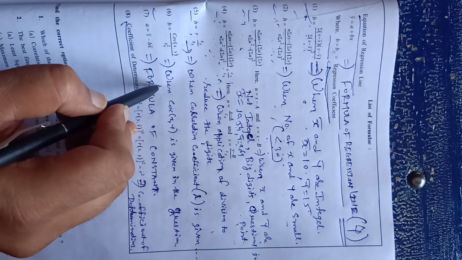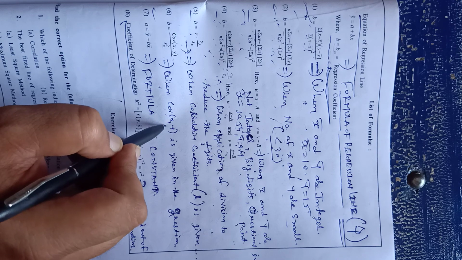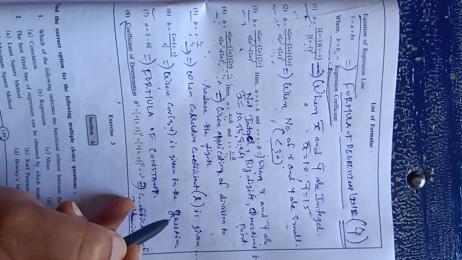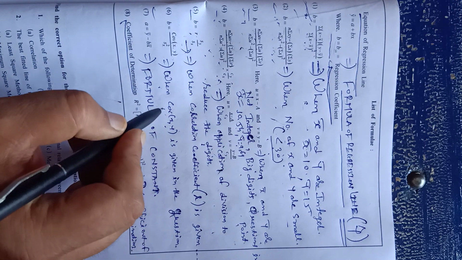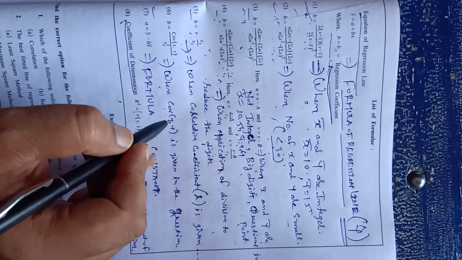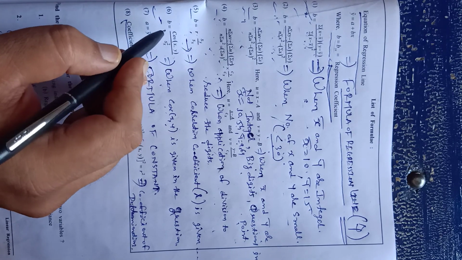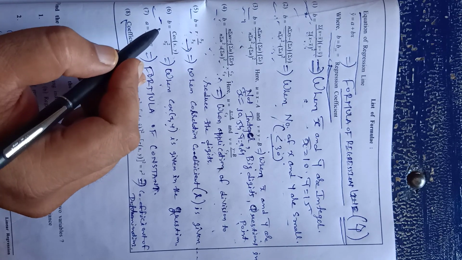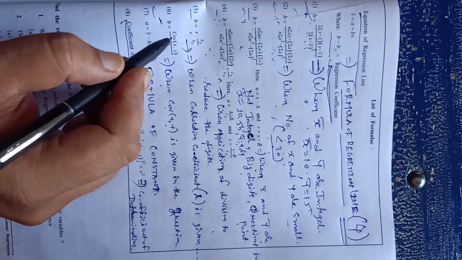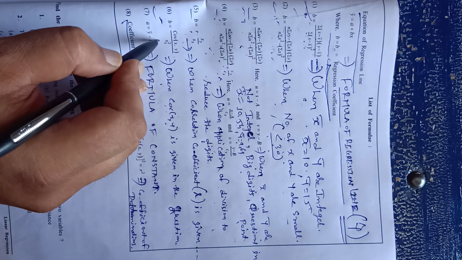Sixth situation, when covariance xy is given in the question. When they give us the covariance xy and we want to find the regression coefficient, that is B, then the formula of B is covariance xy upon Sx square.